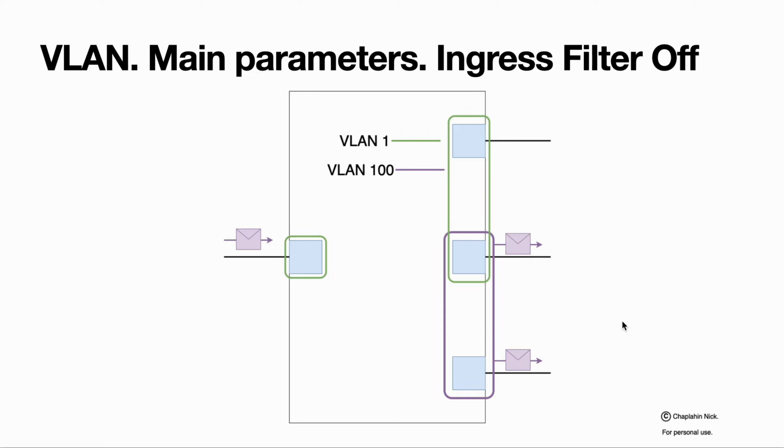It will be received and transmitted by one or two ports that are members of the respective VLAN 100. If ingress filtering is on and we forbid this operation, when a port receives a frame tagged by a VLAN this port does not participate in, this frame will be dropped and will not be forwarded.